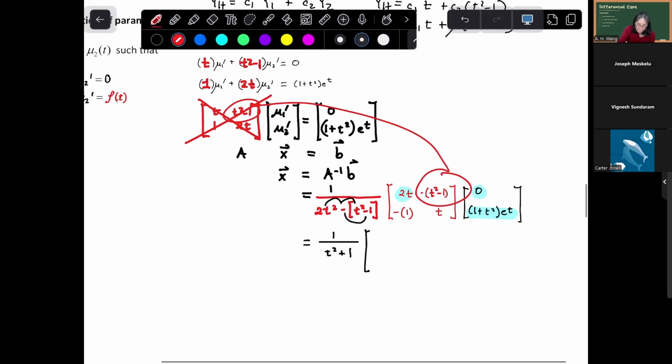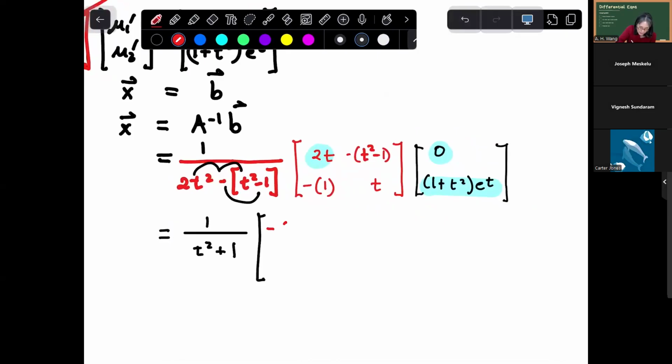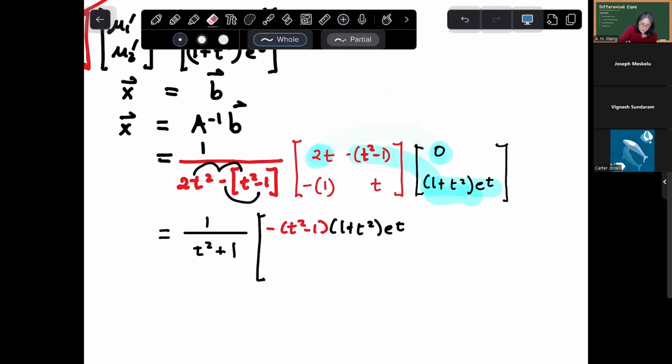There we go. Okay, so what we have is the minus t squared minus 1. And then we have the 1 plus t squared e to the t. So does everybody see you have this times this times this? Okay. Then second one is row column.